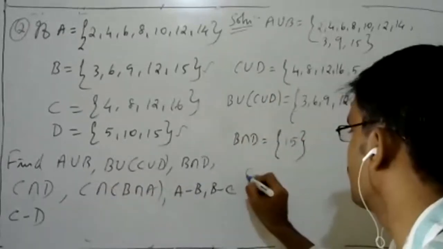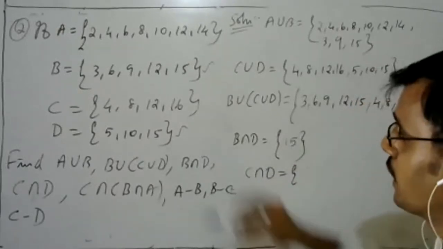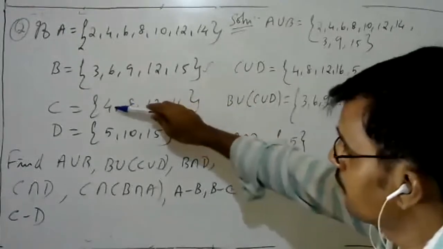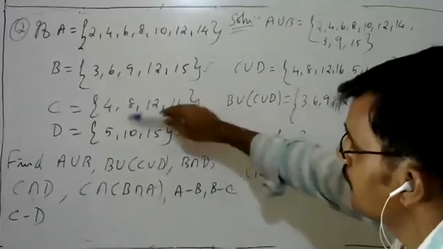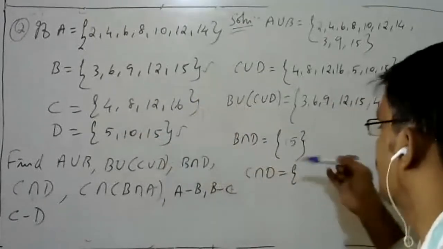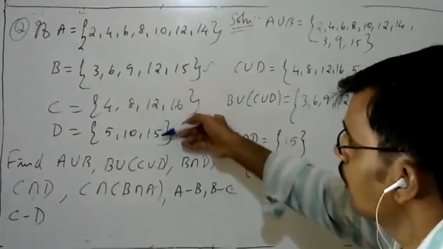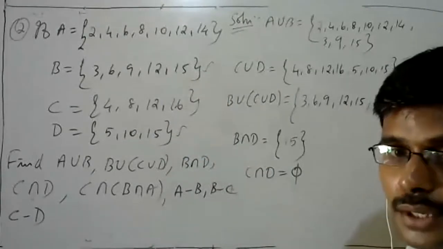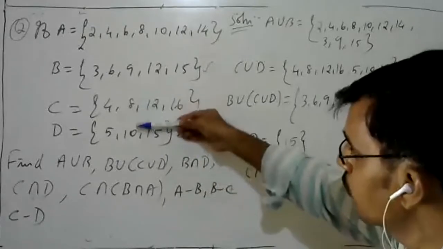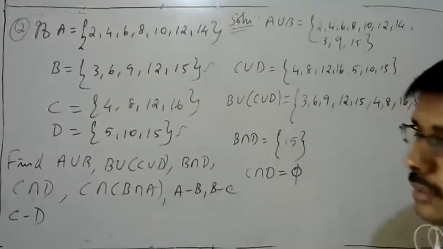Come to C intersection D. What are the common elements of C and D? 4 is here, not there. 8 is there, not here. 12 is here, not there. 16 is here, not there. So this is empty. There is no common element for C and D. Please try to understand, so it is the empty set.